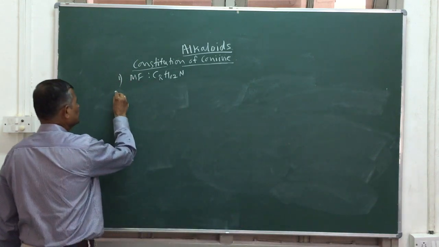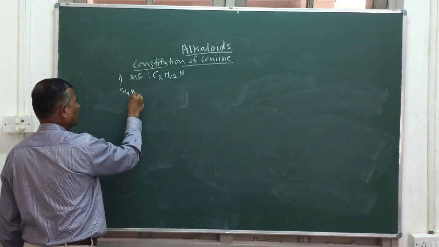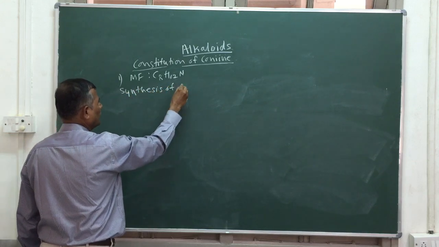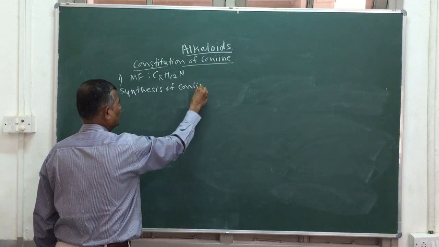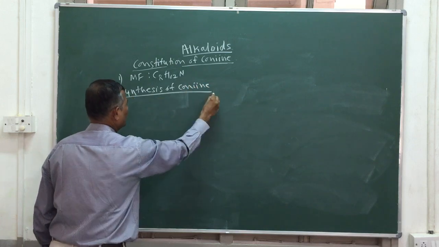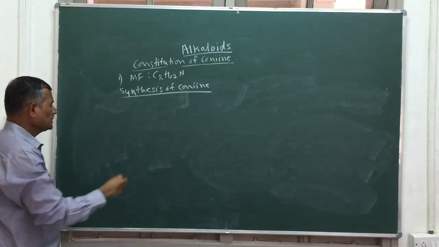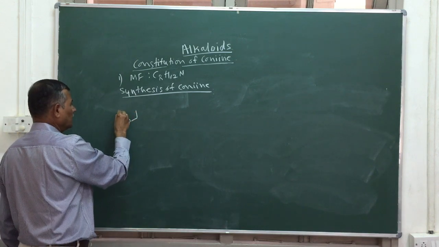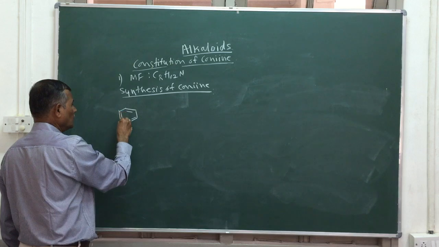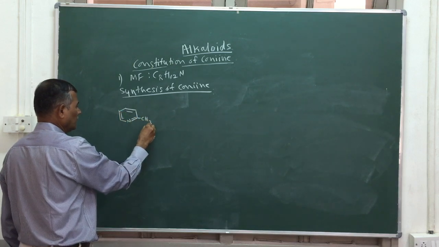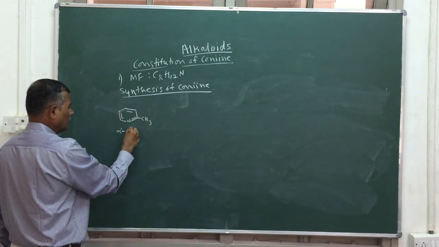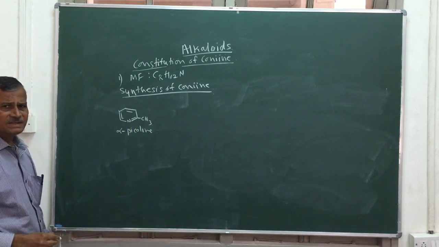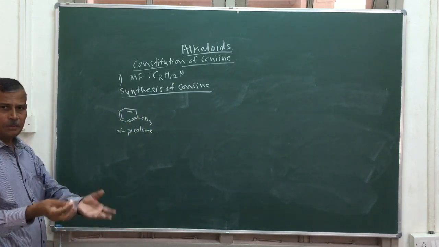So that is the synthesis of coniine. It is synthesized from the starting material alpha picoline. Starting from the alpha picoline, we can easily synthesize this coniine in the laboratory.